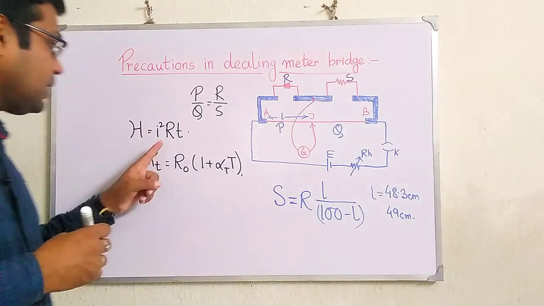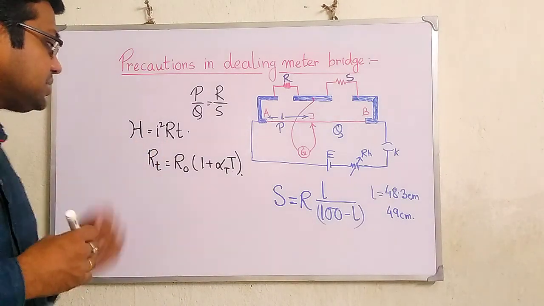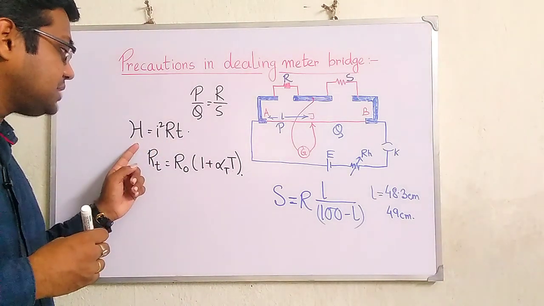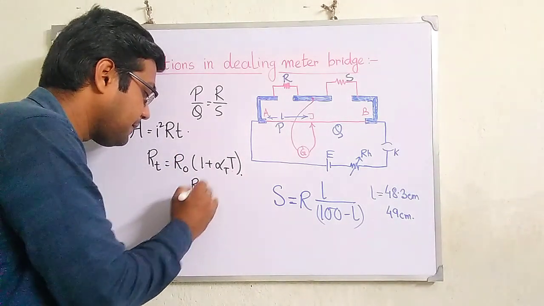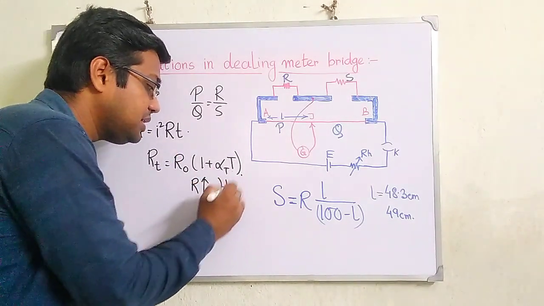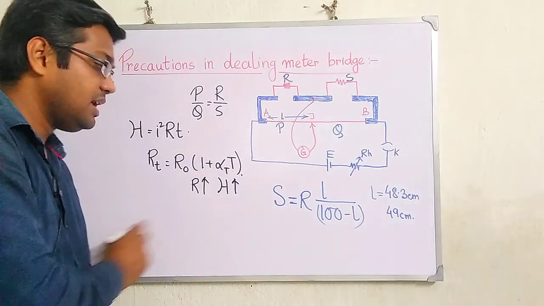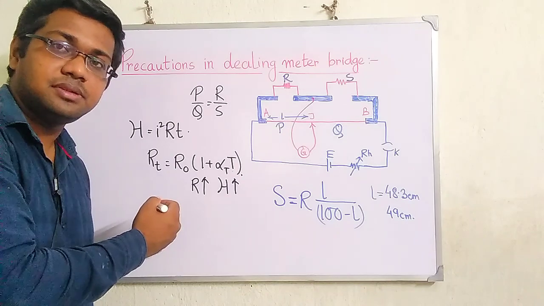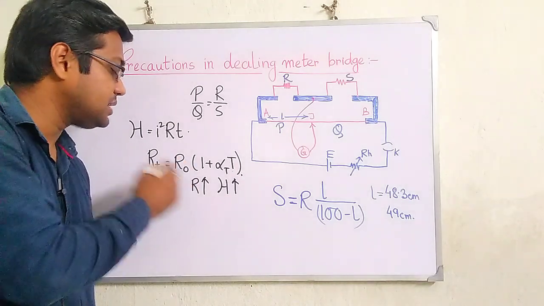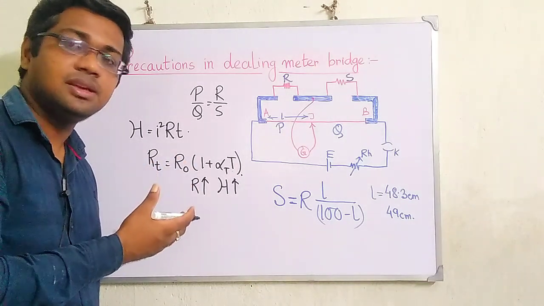If the resistance changes, the heat generated will again increase. If the heat generated increases, the temperature will again increase, and if the temperature increases, the resistance will again increase.